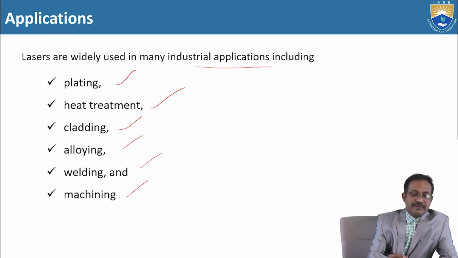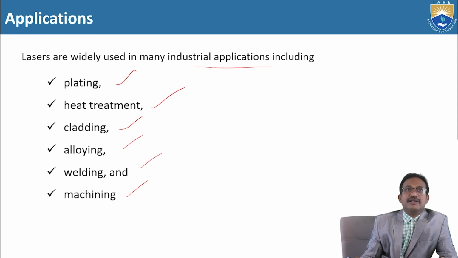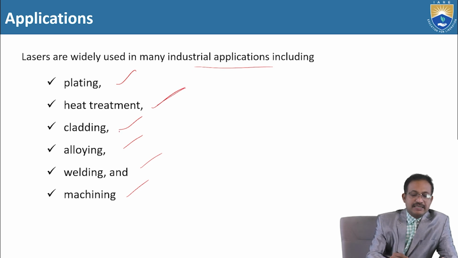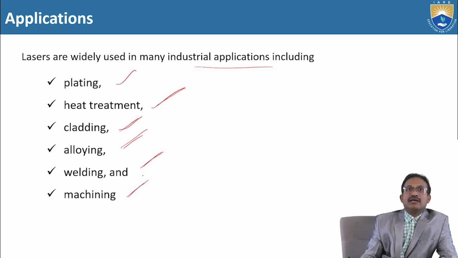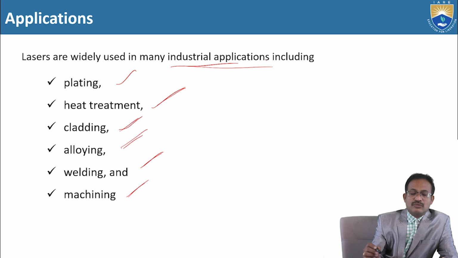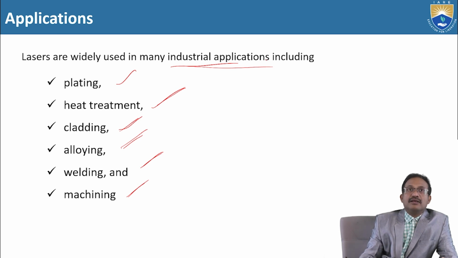Let me reiterate the various applications of lasers: plating, heat treatment, cladding, alloying, welding, machining. All these are industry-oriented applications. Along with these, we have applications in medical and other sectors.